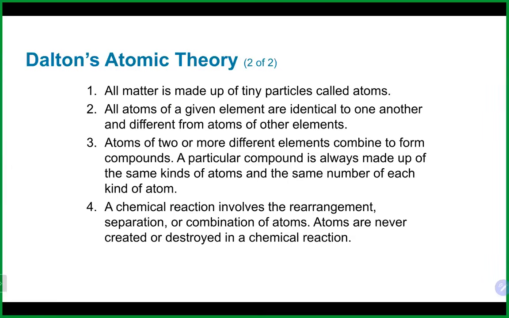He said that all matter is made up of tiny particles called atoms. All atoms of a given element are identical to each other, and those of different elements obviously are different. Atoms of two or more different elements combine to form compounds. A particular compound always has the same type of atoms and the same number of atoms.